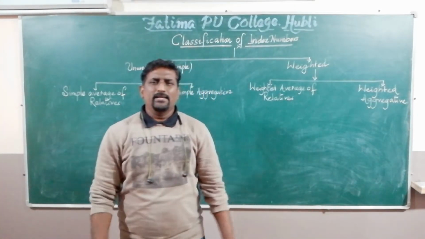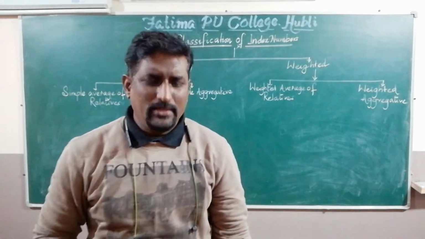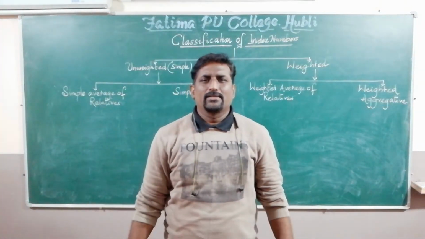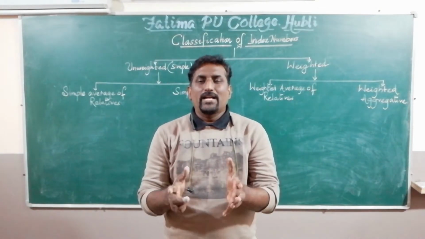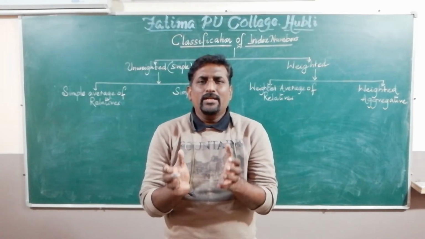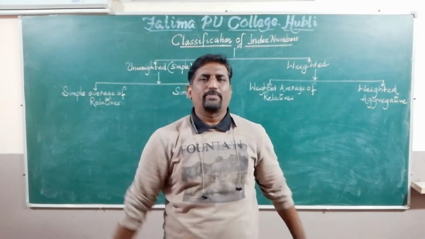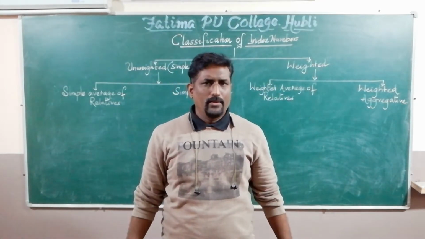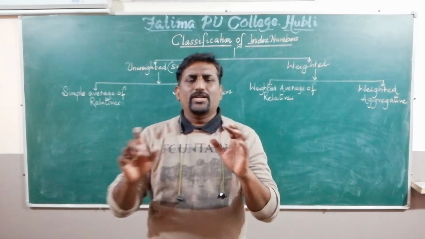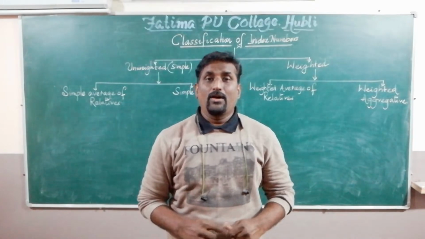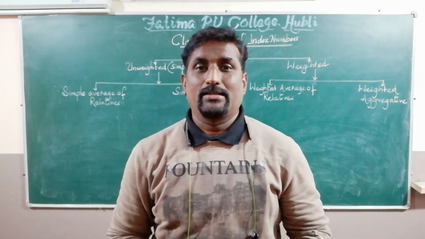Now, for price index number, it's not necessary that we always mention it as price index number. Even if you say just index number, it is always referred to as price index number. But not in the case of quantity index numbers.